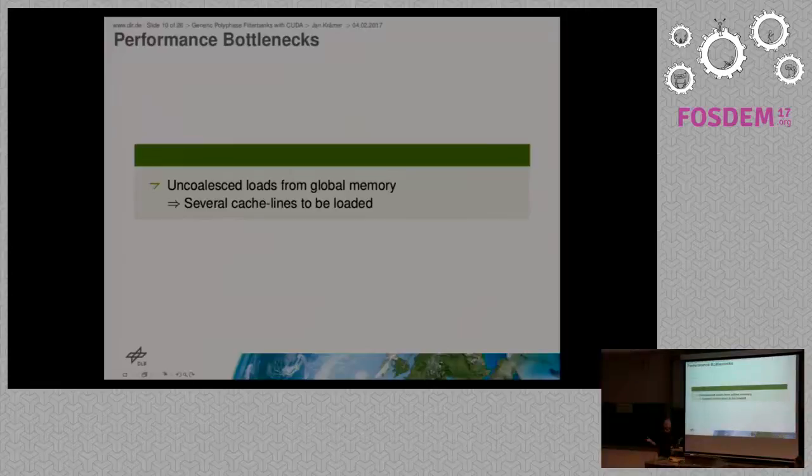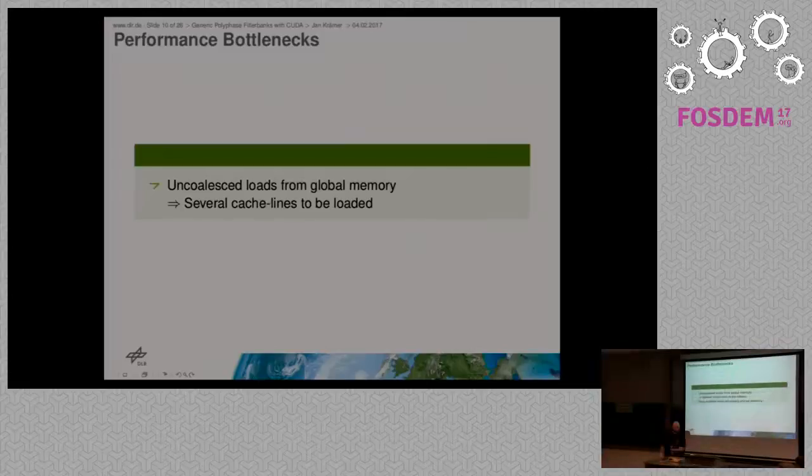That means consecutive threads access consecutive memory, because then the architecture can load just one cache line for all the threads that need data, and then distribute the data inside the cache line to all the threads. This will be one load for several threads. If you cross the cache line, then of course it has to load 2 cache lines, which might be way more loads than you would actually need, and then you just waste bandwidth. So be careful about that.